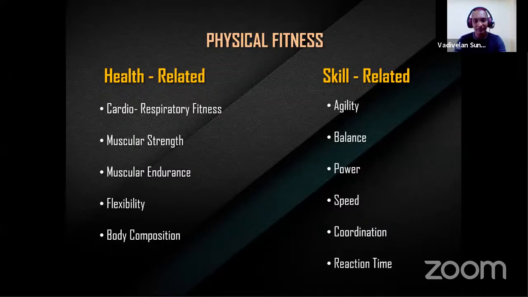For example, if you are training a sprinter, they should have good cardiorespiratory endurance in health related fitness, and the endurance part needs to be taken care of, then flexibility. In skill related, for a sprinter, power and speed are a must. Then agility and balance should come.